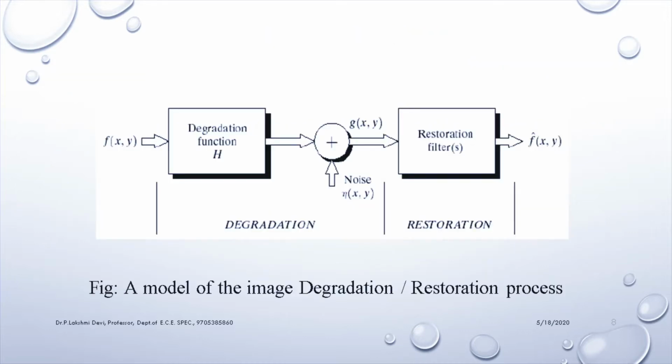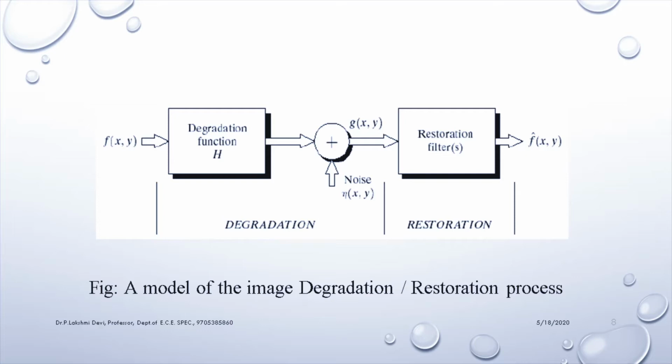Let us see here the block diagram of the degradation model, the model of the image degradation and restoration process. f of xy is an input image which is given as input to the degradation function, or degradation factor, h. If denoted with a small h, that is the degradation function in the spatial domain.